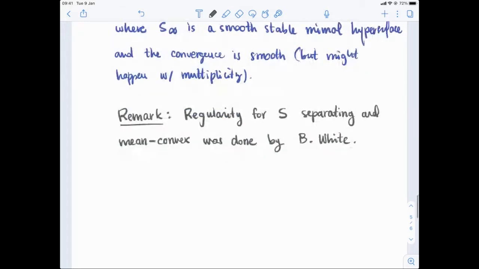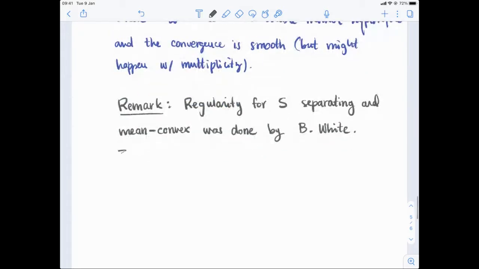And in the case of Brian White, the multiplicity can be at most 2. So what does this mean?